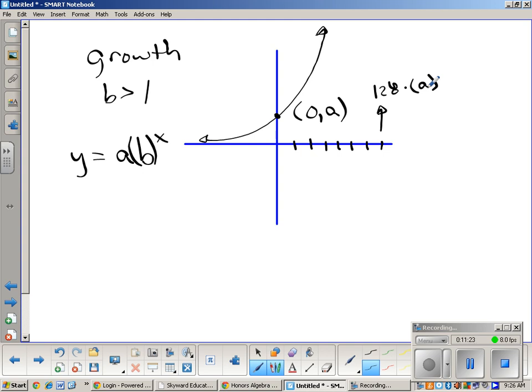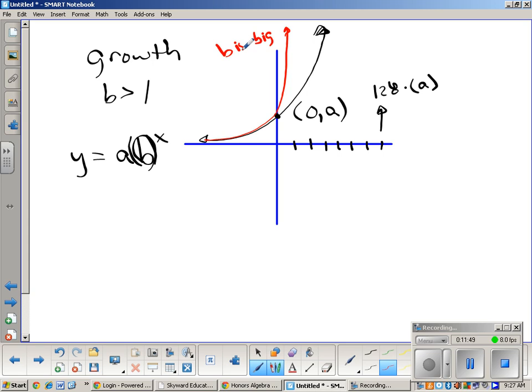Okay? And so you understand what's happening. This is going to get really big fast. Okay? The bigger the number, then realistically the quicker it's going to do this. The bigger the B value, the faster it's going to do this. So this would be, B is big.